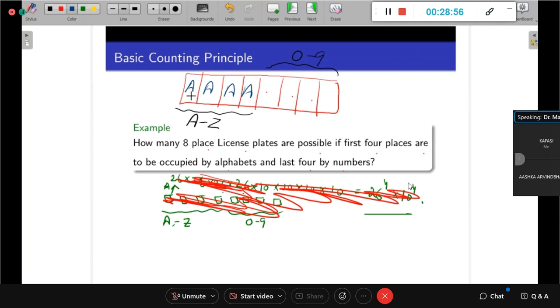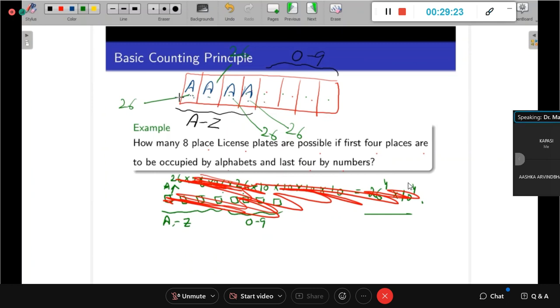So first 4 places, each one has 26 choices, right? So this has 26 choices, this also has 26, this also 26, this also 26. You can identify each one as E1, E2, E3, E4, E5, E6, E7, E8. You can name them as experiments. And how many possible outcomes?